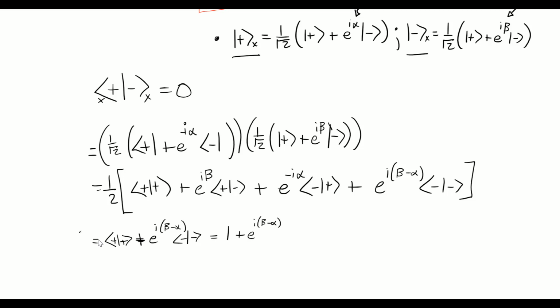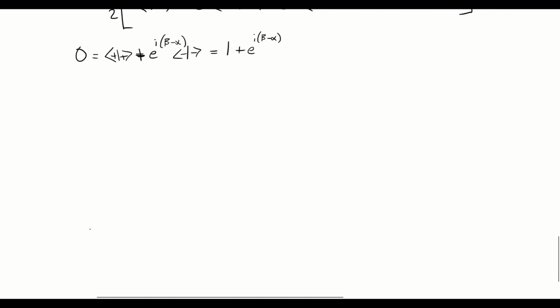And this all equals 0 because they're orthogonal. So what do we get? Let's just do a little more algebra. We get -1 is equal to e to the i beta minus alpha. Negative e to the i alpha is equal to e to the i beta. And we have this relationship between our relative phases.